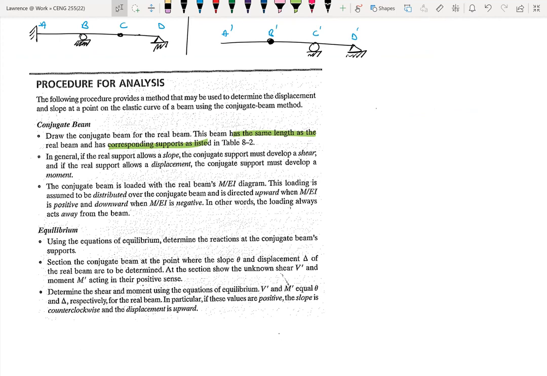We've gone through that just now. And also, if the real support allows a displacement, the conjugate beam support must also develop a moment. Okay, so that's it.